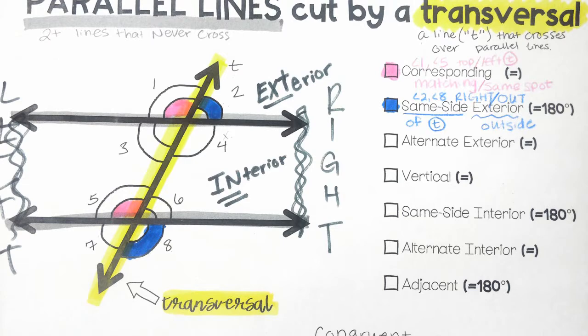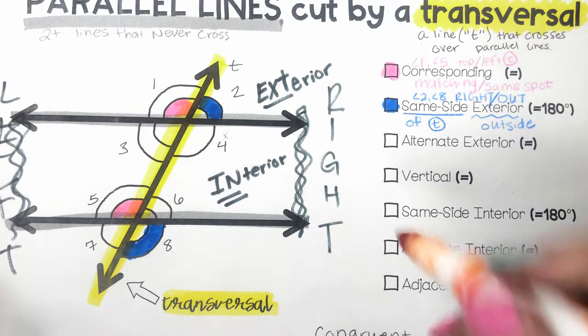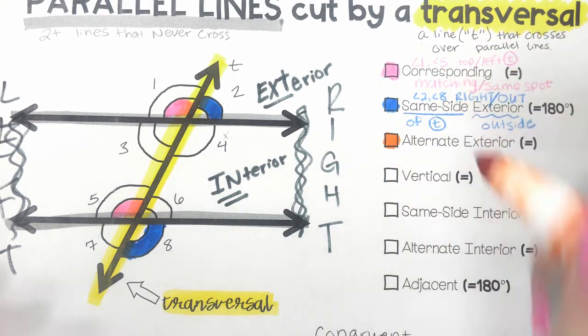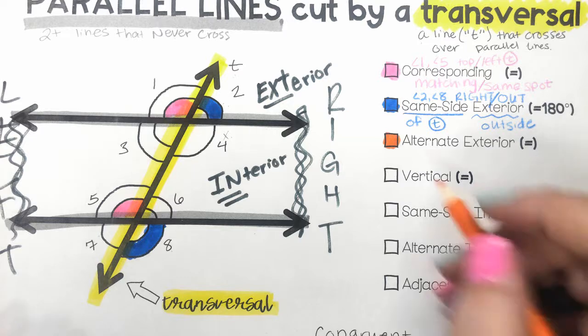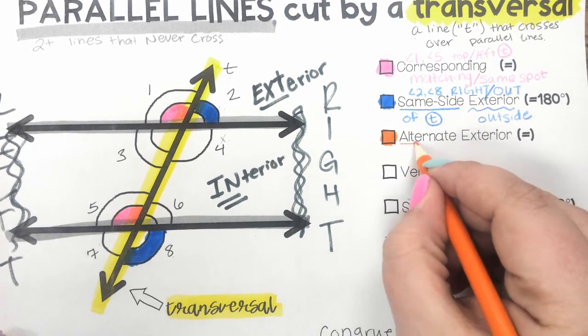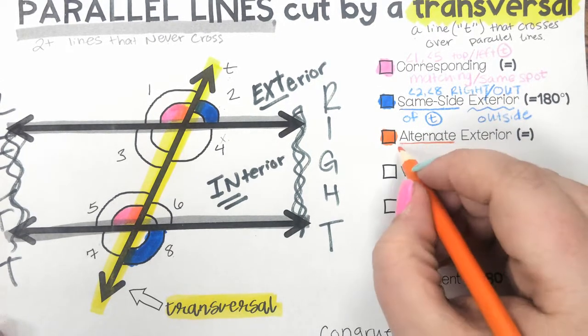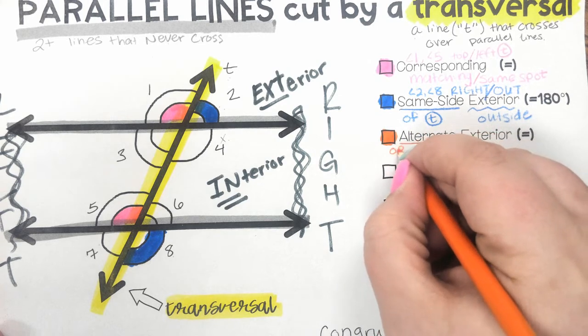All right. I'm looking now at alternate exterior. Alternate exterior. Alternate, we talked about up and down, left and right, going back and forth between the two because they're opposites. So alternate meant opposite.